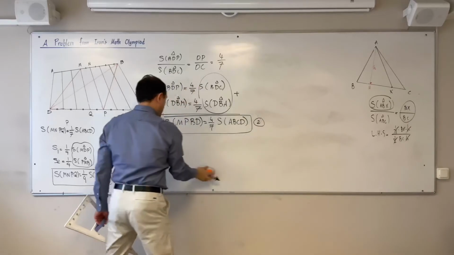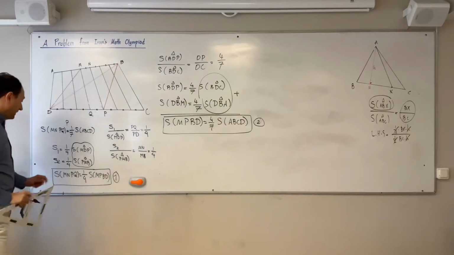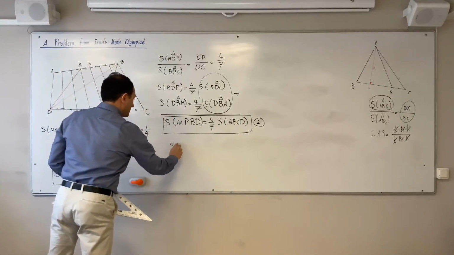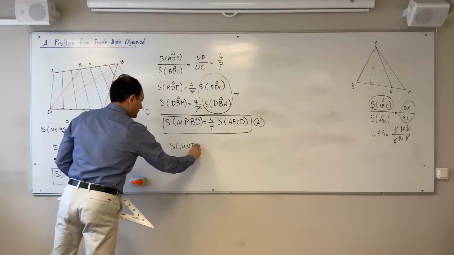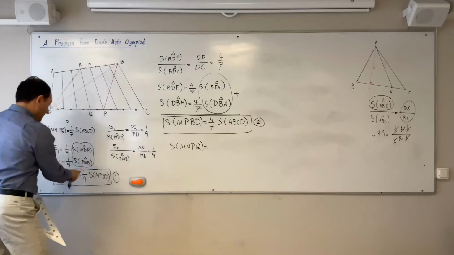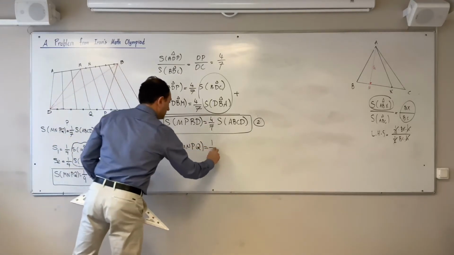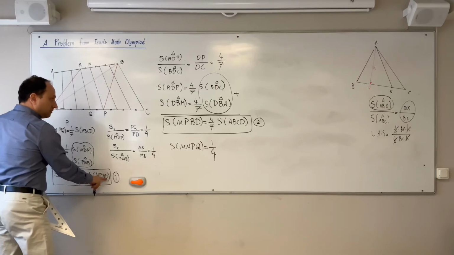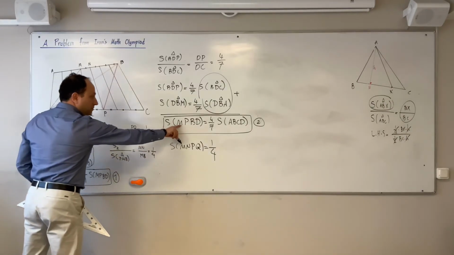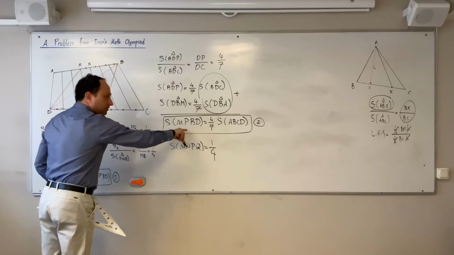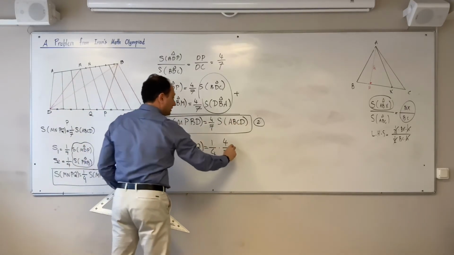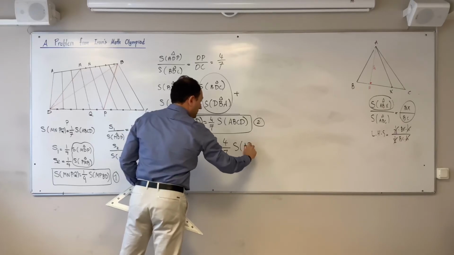Then hopefully everything becomes clear for you. S of MNPQ, from relation number 1, is a quarter of S of MPBD. But S of MPBD itself is 4/7 of the surface area of ABCD.